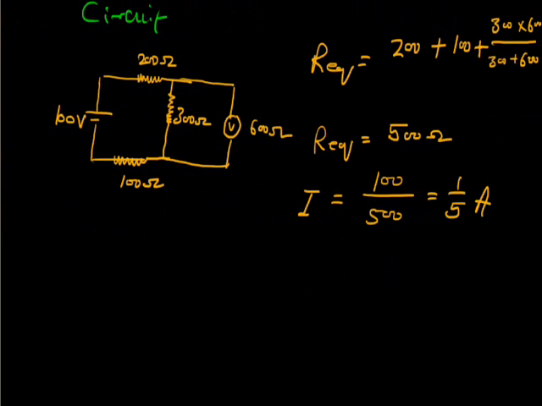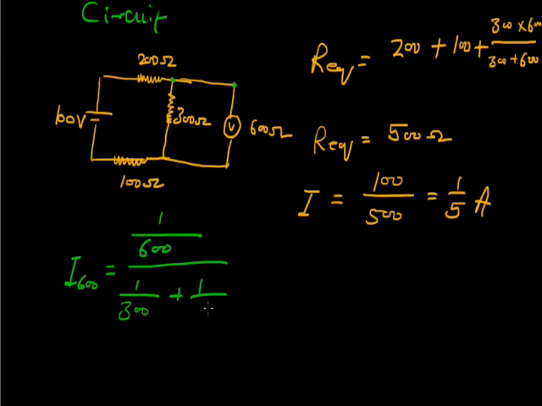So we can calculate the current which passes through the voltmeter, because total current in the circuit is 1.5 ampere. So current in 600 ohm will be equal to 1 by 600 upon 1 by 300 plus 1 by 600, into 1 by 5 ampere.